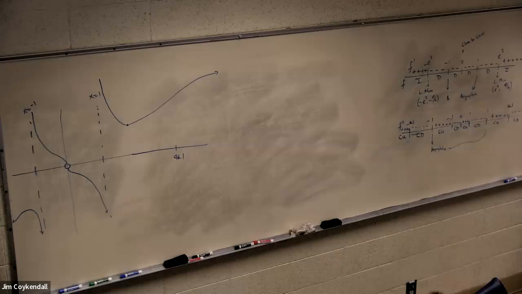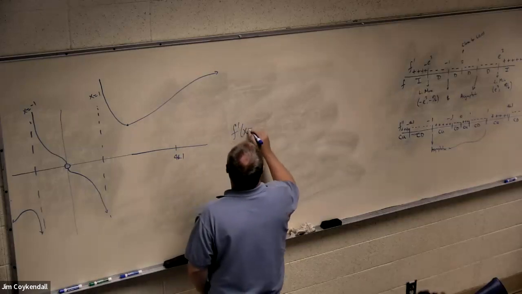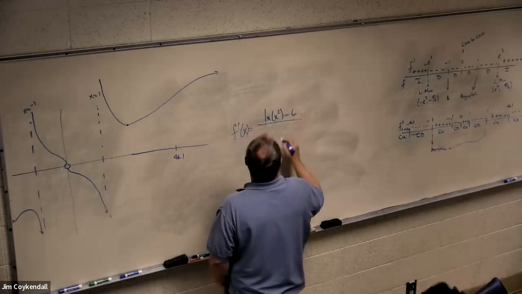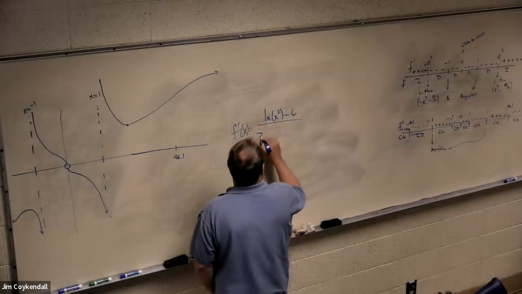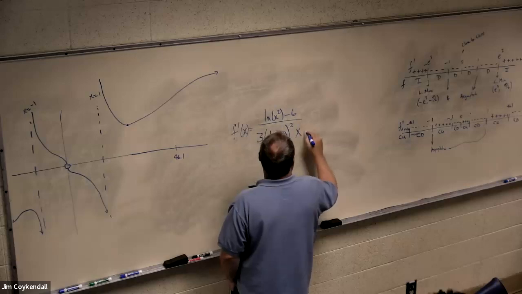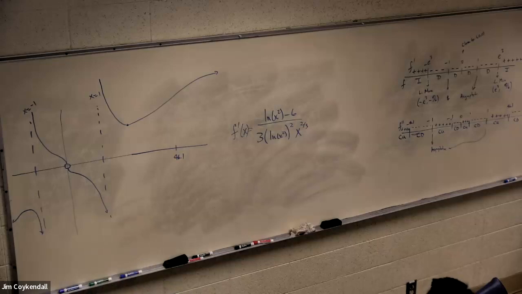Just for this example, the derivative was, let me simplify this: log x squared minus 6 over, this is a good L'Hopital's problem, 3 log x squared x to the 2/3, I believe. That's what we had when I simplified my derivative a little bit.